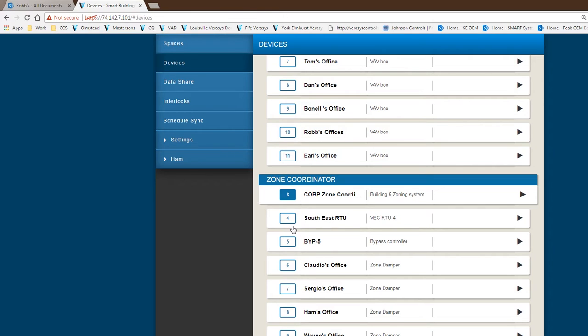That applies to both the zone bus and the system bus. In this case I addressed these at 4, 5, 6, 7, 8, and 9, but it could have been 12, 13, 14, 15, 16. It doesn't matter; there are no rules from an addressing perspective.